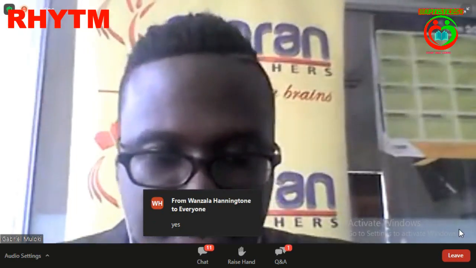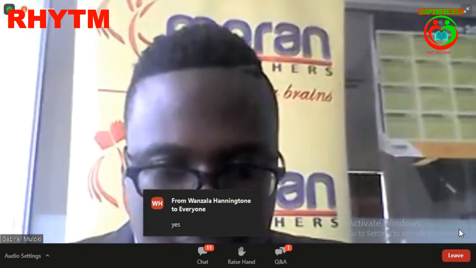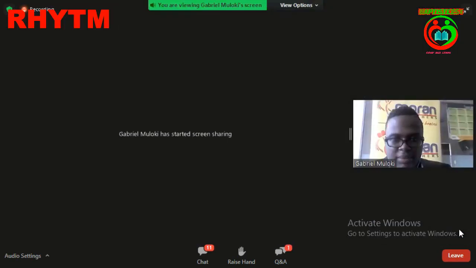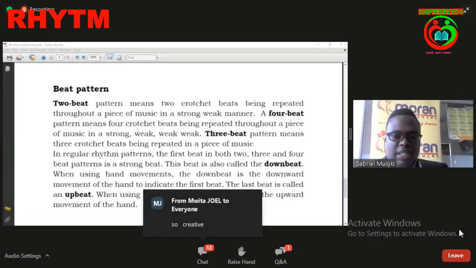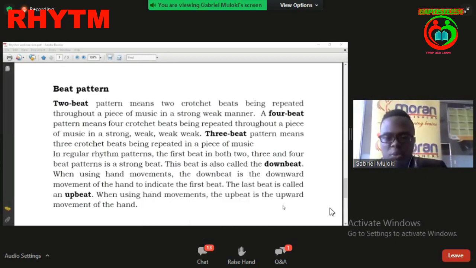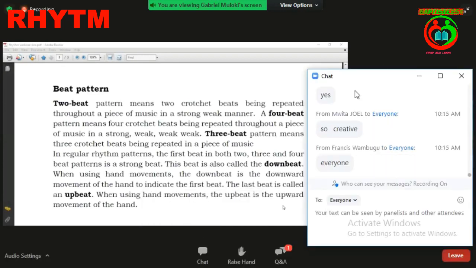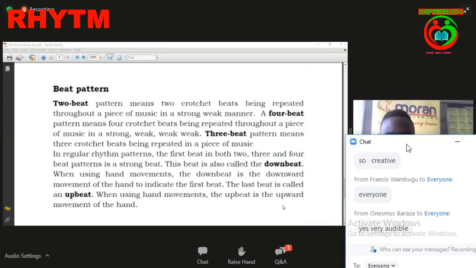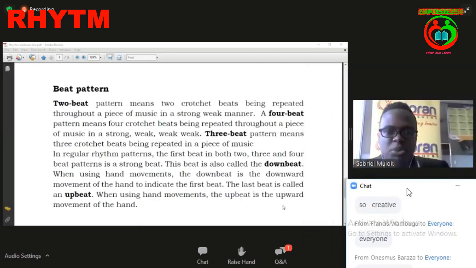Moving on swiftly, we also have the next beat pattern, which is the 3-beat pattern. For the 3-beat pattern, we ensure that learners are able to group the music in 3 counts. So the music is grouped in 3s, where we have strong, weak, weak, strong, weak, weak, 1, 2, 3, 1, 2, 3.